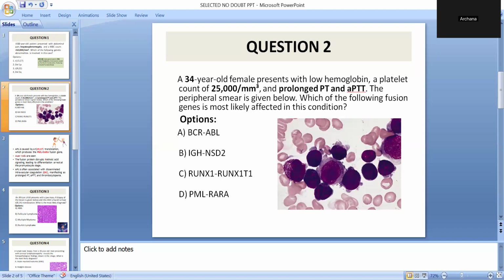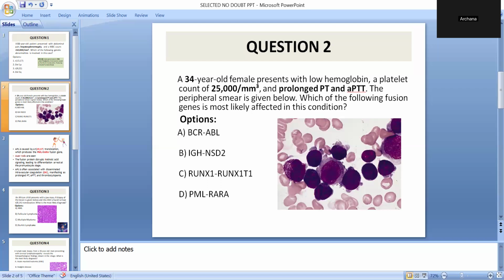So let's go back to the question and see what's the right answer. We have a young female with prolonged PT and APTT, bleeding tendency, and thrombocytopenia. Blasts are seen on the peripheral smear, so we know that it is AML M3, or acute promyelocytic leukemia. In APL, there is a 15-17 translocation. The genes involved are PML-RARA, and Auer rods are seen, and there is bleeding tendency.